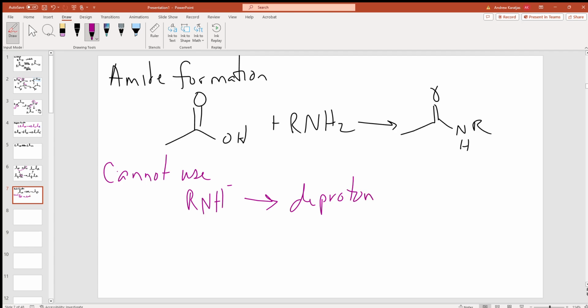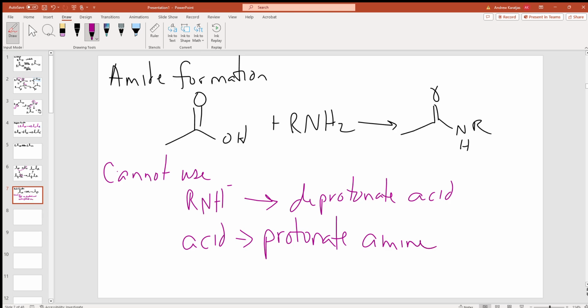And if we've deprotonated the carboxylic acid, at that point, it's not going to be able to serve as an electrophile. We also can't use acid because that'll protonate our amine. And if we've protonated the amine, that's going to make the amine into a very poor nucleophile.